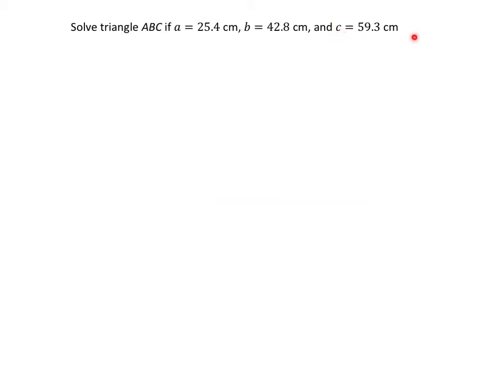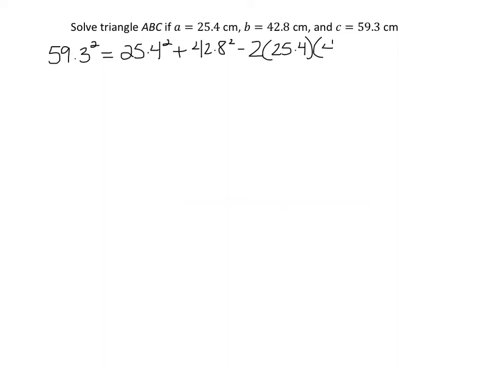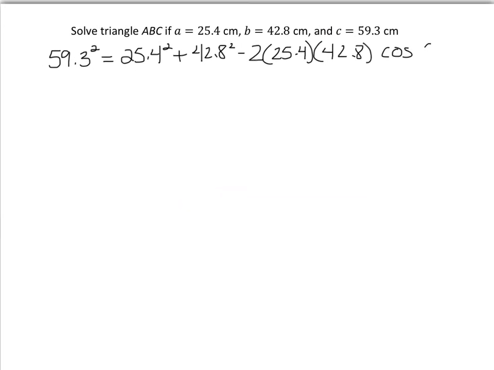The reason that I circled this C is because it's the largest side, which means angle C will be the largest angle. So I will start with c squared is equal to a squared plus b squared minus 2 times a times b cosine of C. Oops, I hate it when that happens.